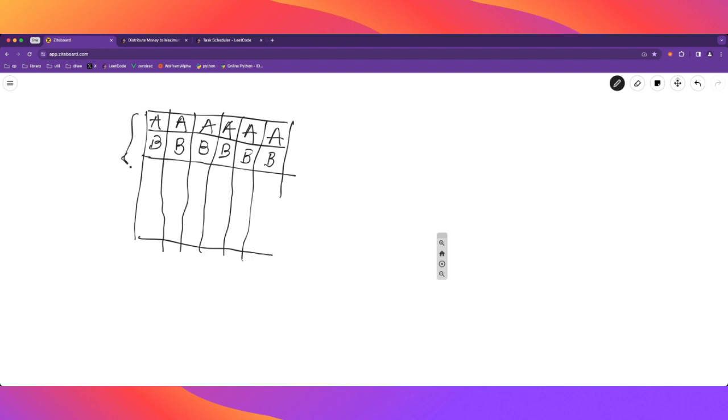Here, the size of this grid, of this matrix, is n plus 1, and the size of this is the max count, so how many A's there are, because A is the one that occurs the most, along with B.